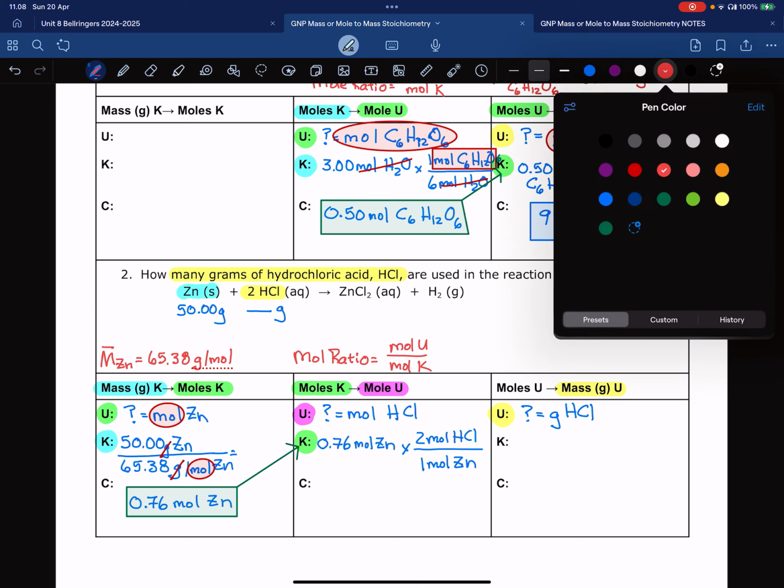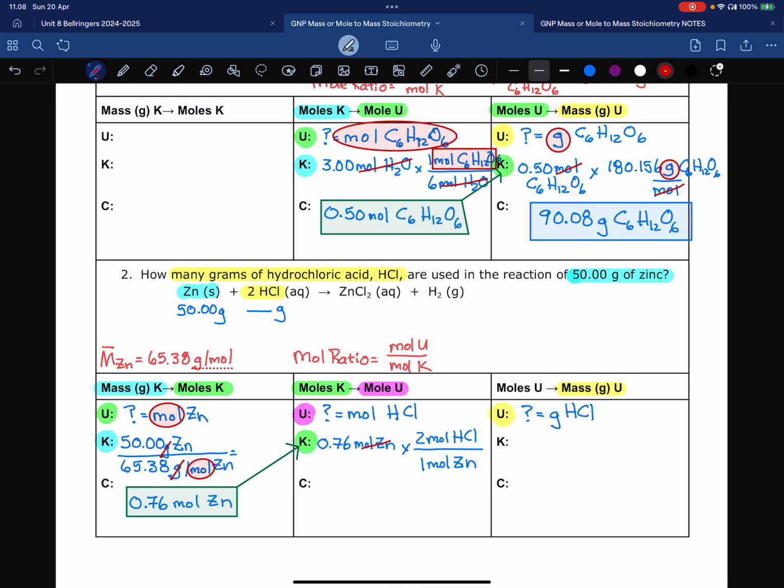What happens when I do that? Moles of zinc cancel. Moles of hydrochloric acid is left. Moles of hydrochloric acid is what I want. So I'm going to go ahead and do that calculation. And when I report it to 2 decimal places, I get 1.52 moles of hydrochloric acid.